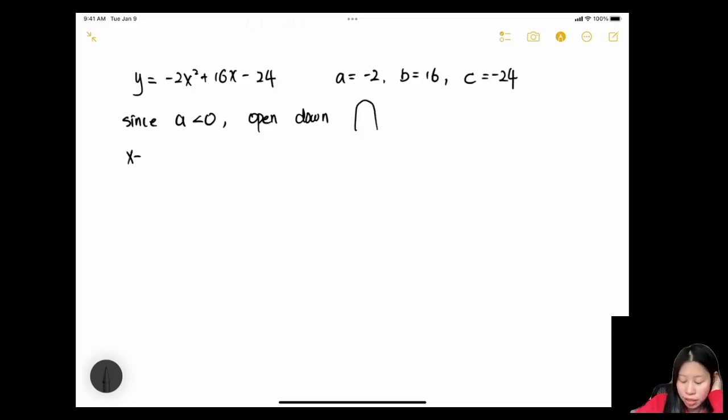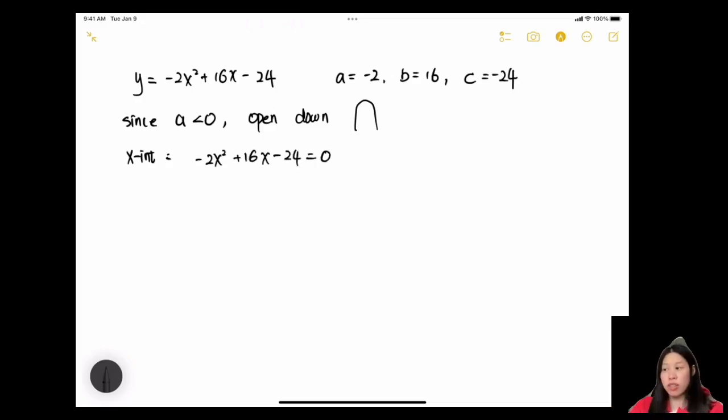And then we find the x-intercept. For the x-intercept, we set the equation equal to 0. We can either factor it or use the quadratic formula to solve it. So I'm going to factor it. So I have negative 2x squared plus 16x minus 24 equals 0. Dividing by negative 2, I have x squared minus 8x plus 12 equals 0.